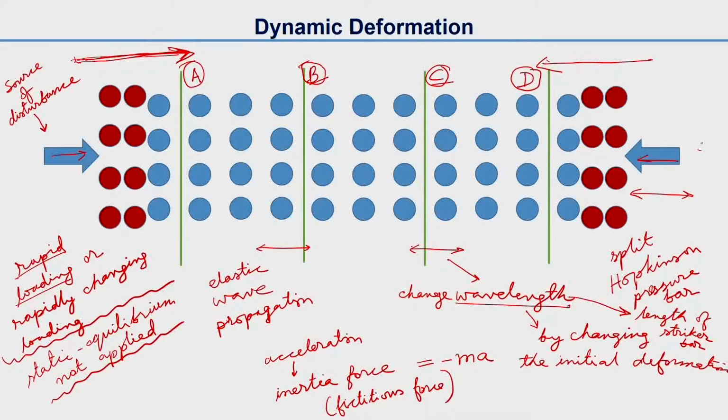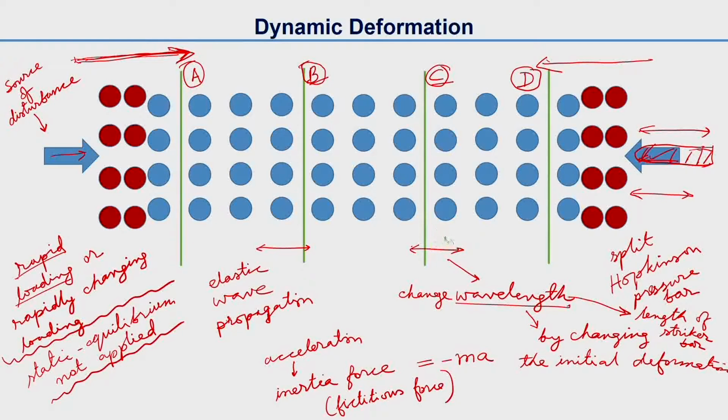Suppose in this case we have a bar like this on the right-hand side. This is the bar which is hitting the material, and the length of the striker bar will decide the initial displacement, and that will decide the wavelength. We can write lambda, sorry, this is not exactly the wavelength.